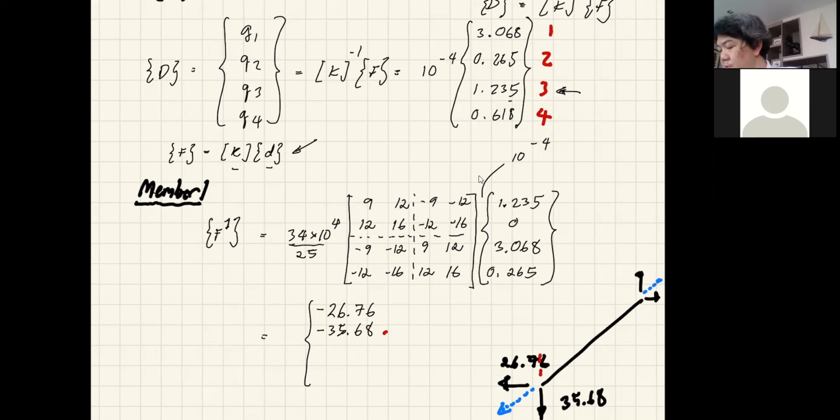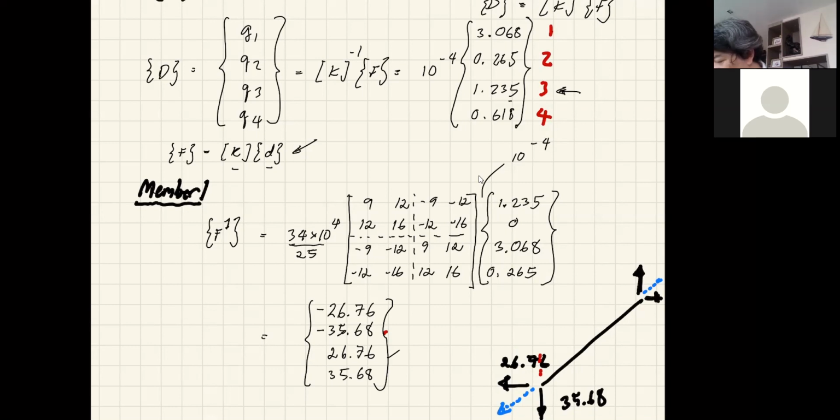Okay, so yeah, as you expect, this is 26.76 positive and 35.68, which is positive, so it goes up, confirms our idea.